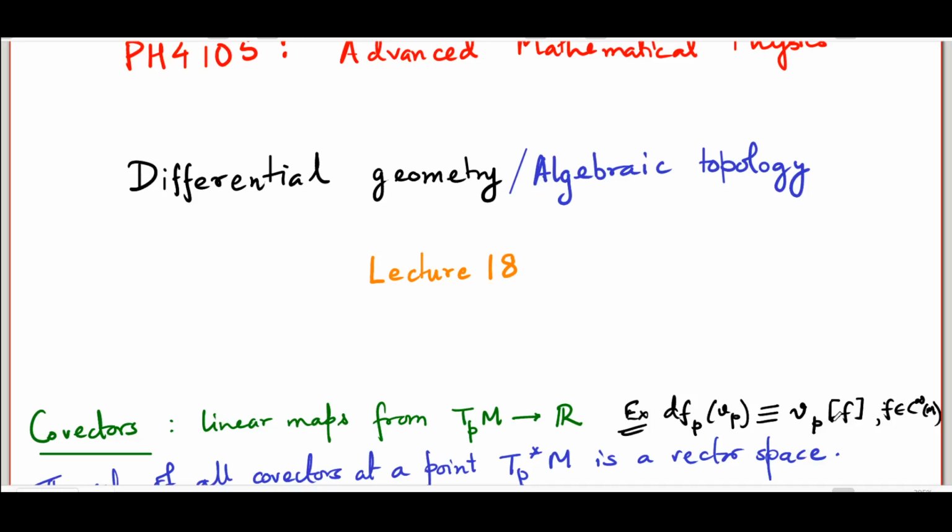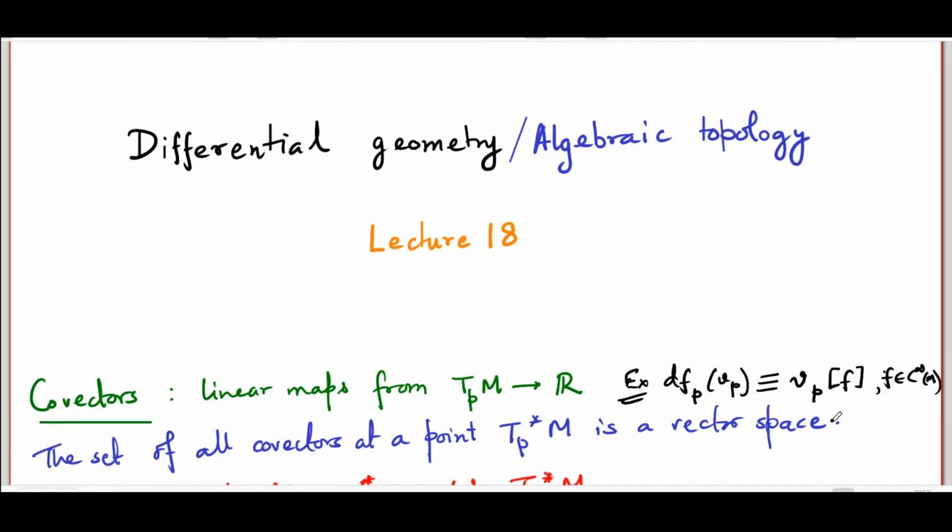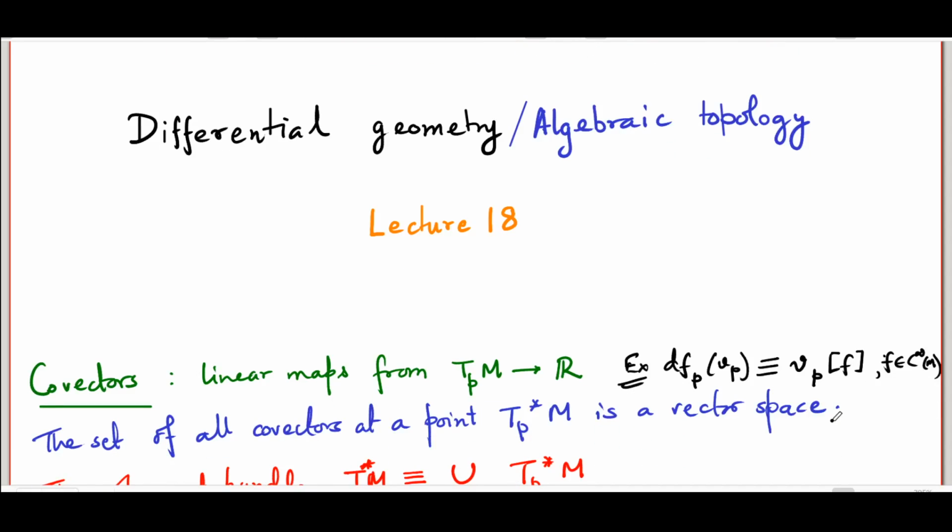Now, since covectors are dual maps, and as we discussed in the last lecture, this is a standard result in linear algebra, dual maps form a vector space. So the set of all covectors at a point P, T_P* M, is a vector space in its own right. It actually is an n-dimensional vector space.